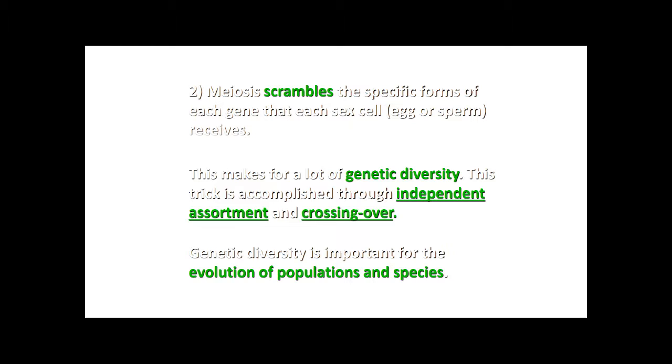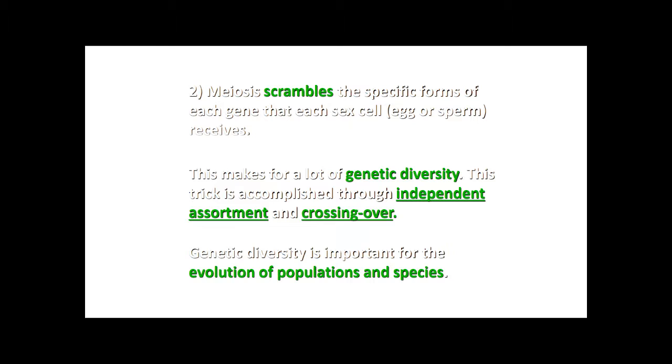So another thing that occurs is called crossing over, and this is when chromosomes mix with each other and exchange the alleles on each chromosome. You have 46 chromosomes, but you have 2 sets of each chromosome, and these chromosomes will trade the alleles on each one of them sometimes.